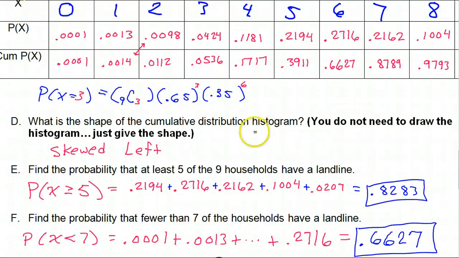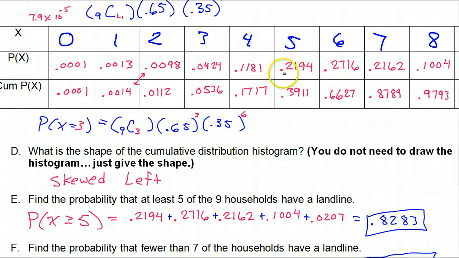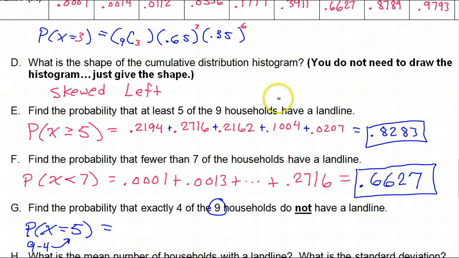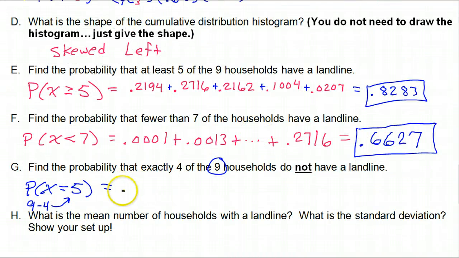You can pull that right off your chart. That's 0.2194. Again, show your symbolism. I want to see the probability that x equals 5 here.